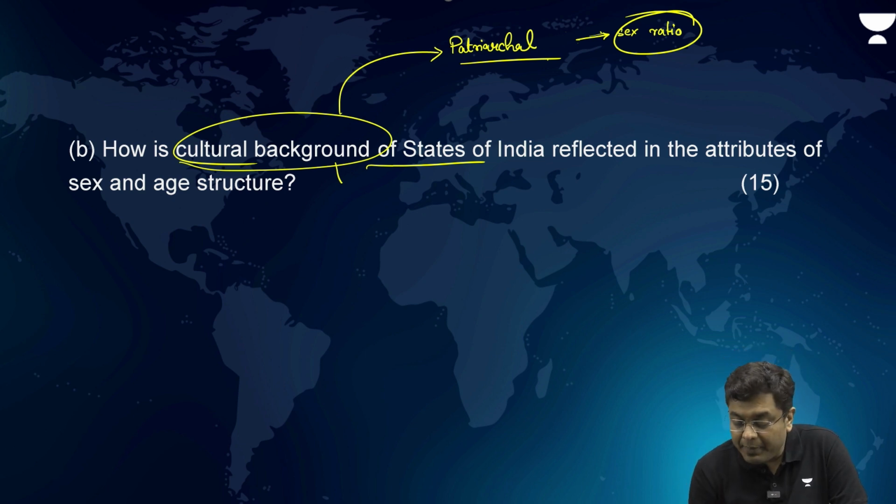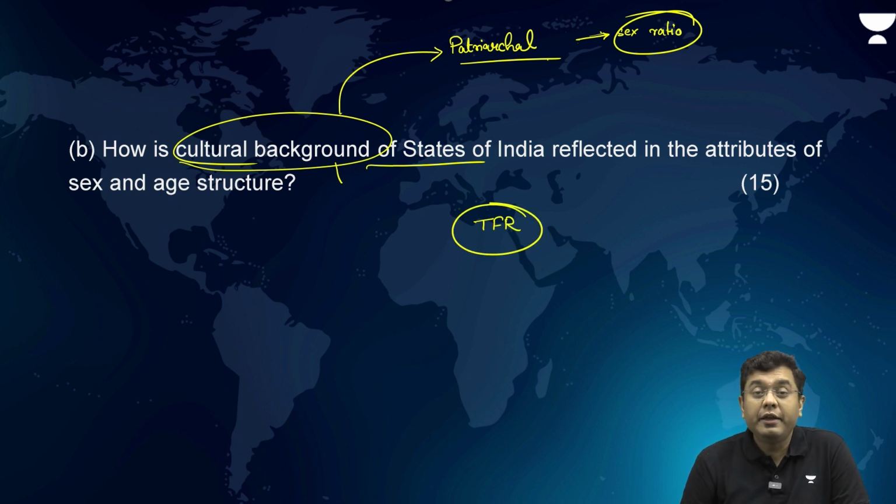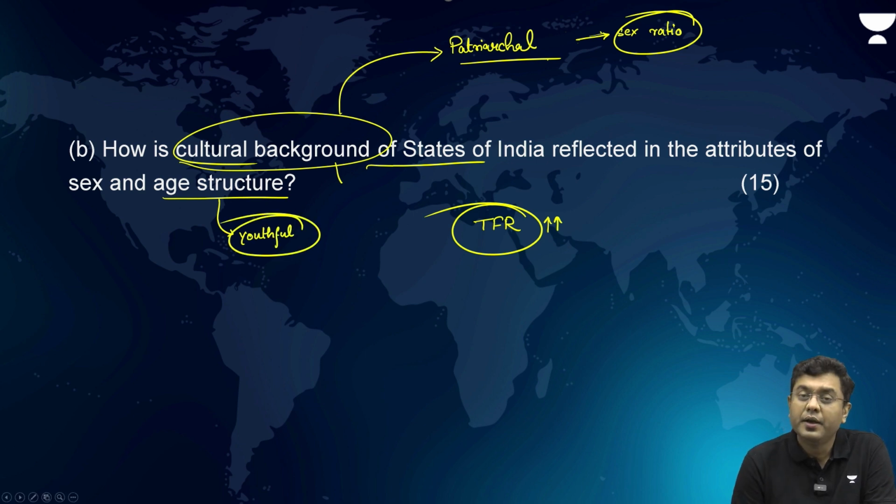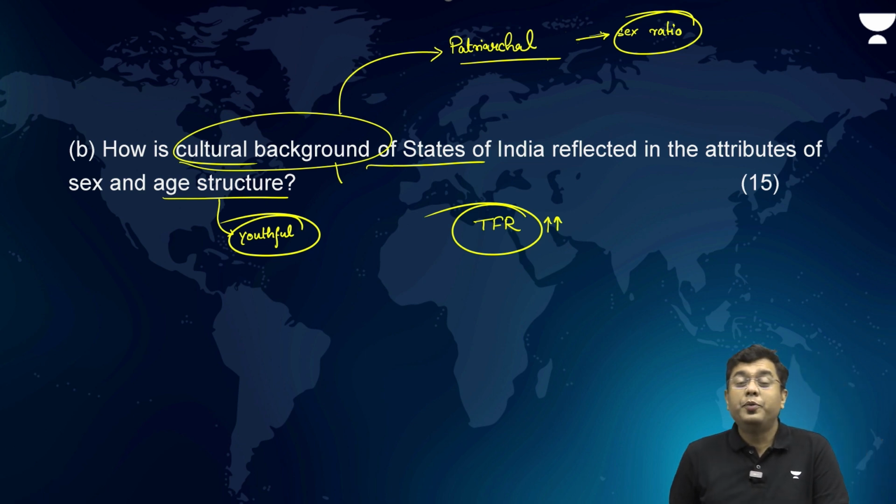So that ends up influencing the total fertility rate of a region. If the medical facilities are not well developed, then the total fertility rate is very high. So in that case, you will have a kind of age structure which is very youthful, right? Sex ratio will be very poor.